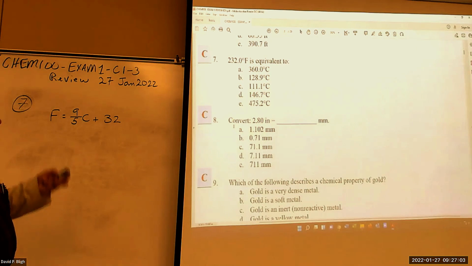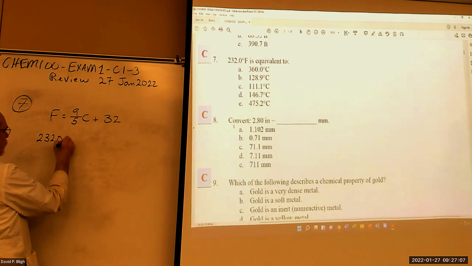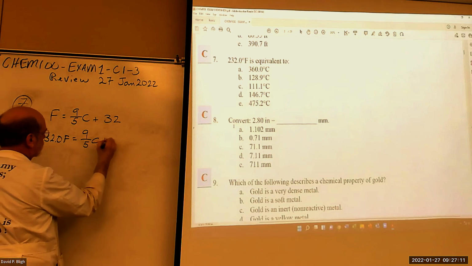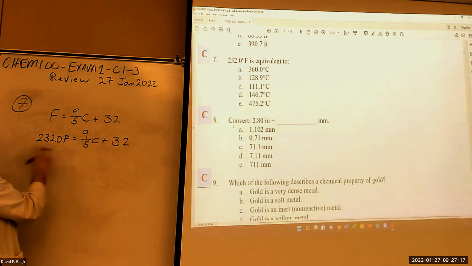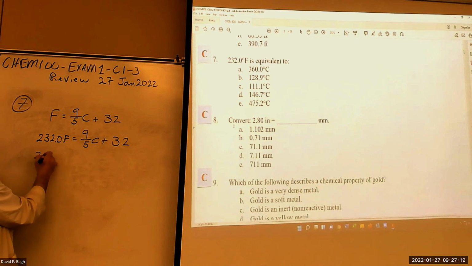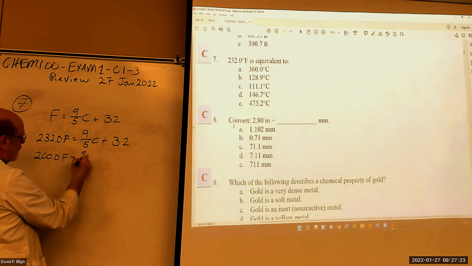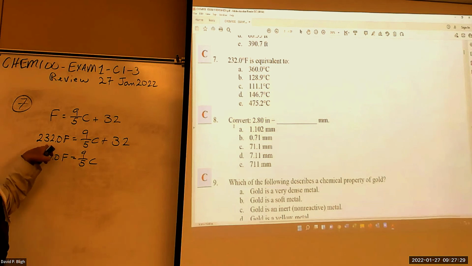So Fahrenheit is 232.0, equals 9/5 C plus 32. Okay. Next thing we do is subtract 32 from both sides. So that's 200.0 equals 9/5 C. So I subtract 32 from this side and from that side.